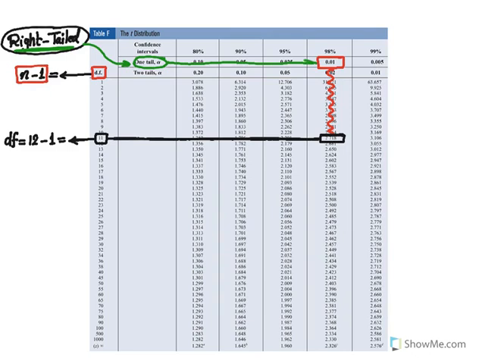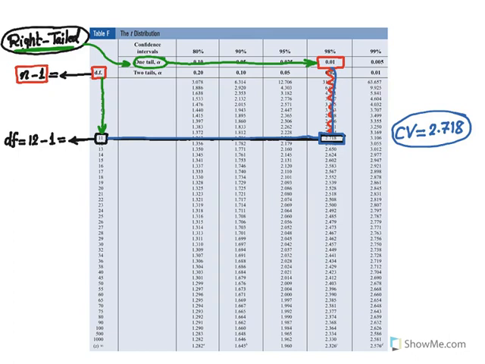The alpha that's given to us was 0.01, and the degrees of freedom turned out to be 11, because n was 12 and 12 minus 1 is 11. All you have to do now is go from 11 to this number and go down to this number, and this would be your t critical value. So in this case, the critical value is 2.718.